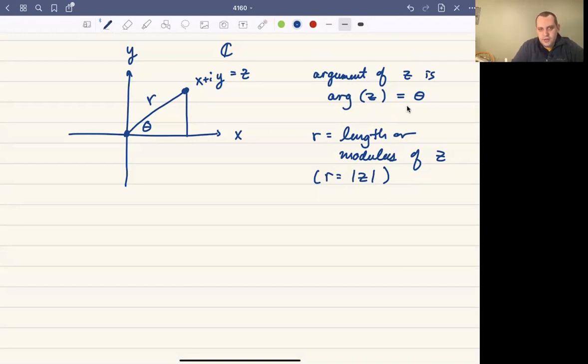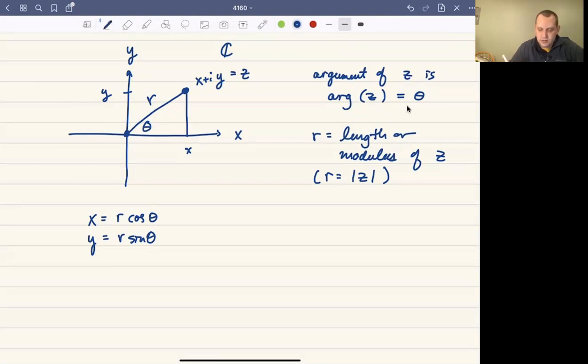And so if we think about this in terms of polar coordinates, I can think of this point as the point (x, y), where x is the real part of z and y is the imaginary part of z. We can remember that x is r cosine theta and y is r sine theta. And then if I take y over x, that gives me sine theta over cosine theta.